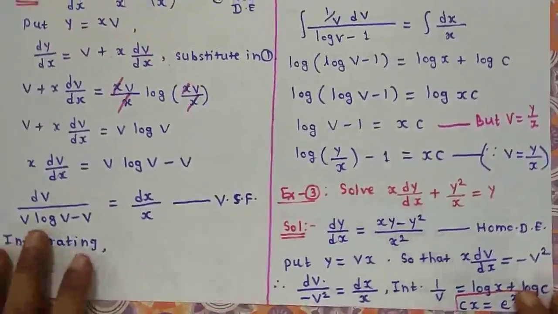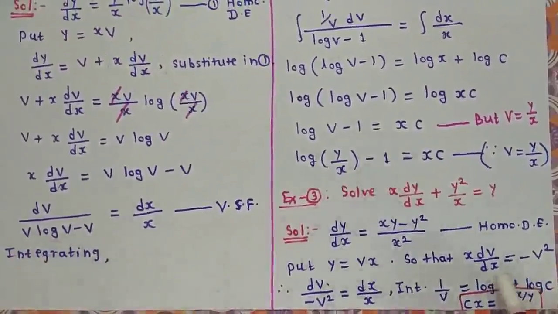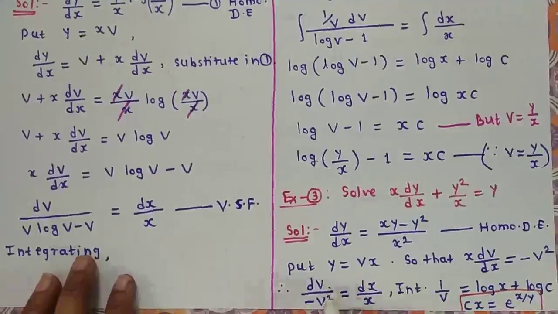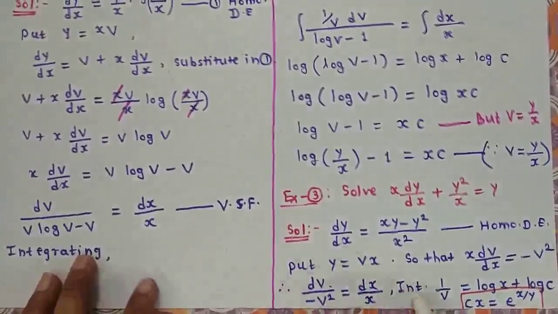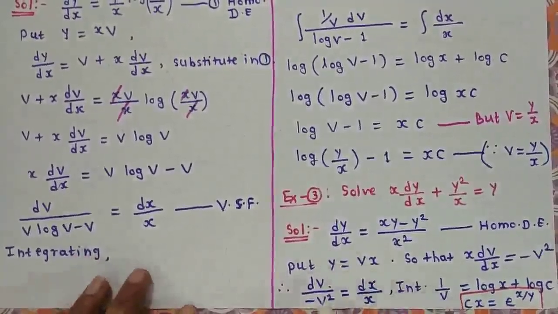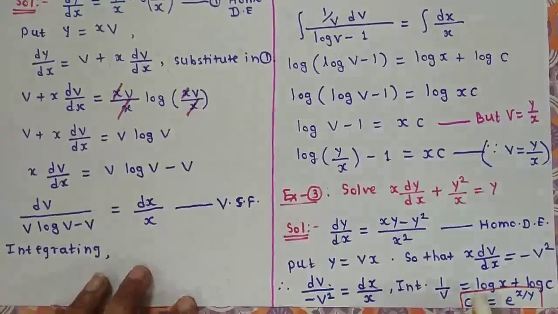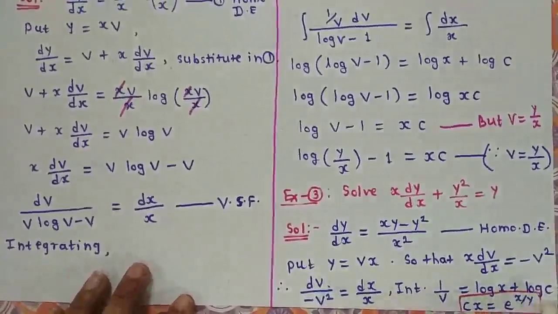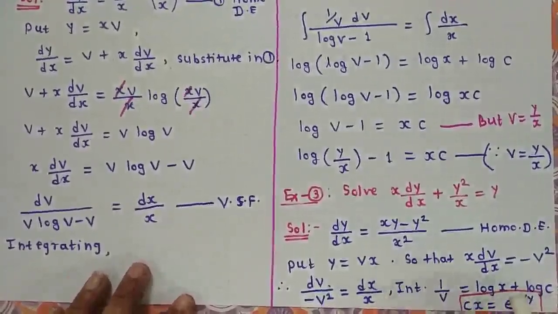So you may try this question. Now after this we separate variables. So dv upon minus v square equals dx upon x. This is variable separable form. On integrating, the integration of 1 upon minus v square is 1 upon v, equals integration of 1 by x, which is log x plus the constant of integration log c, and hence we get 1 upon v equals log xc.